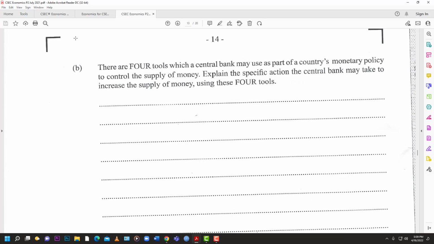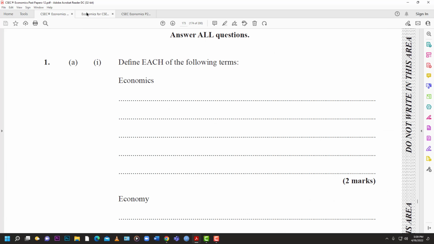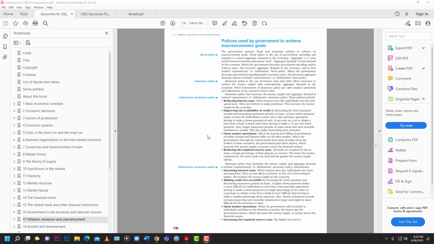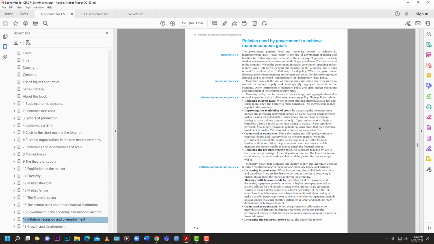So let's look at what the 4 tools are, and then we're going to see how we can utilize these tools to increase the money supply. Here in our textbook, we have some tools that the government can use to influence the money supply. Remember, monetary policy is all about manipulating and influencing the money supply to achieve certain economic objectives. One way they can do that is interest rates.